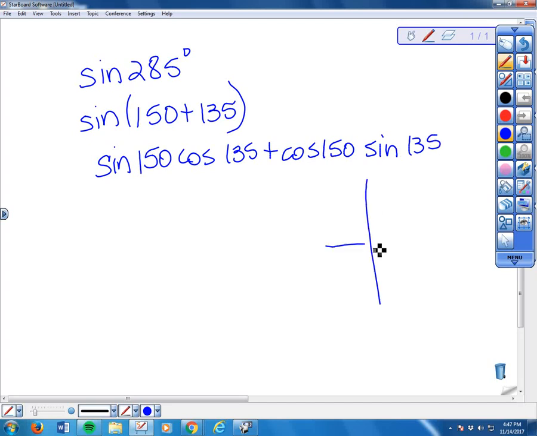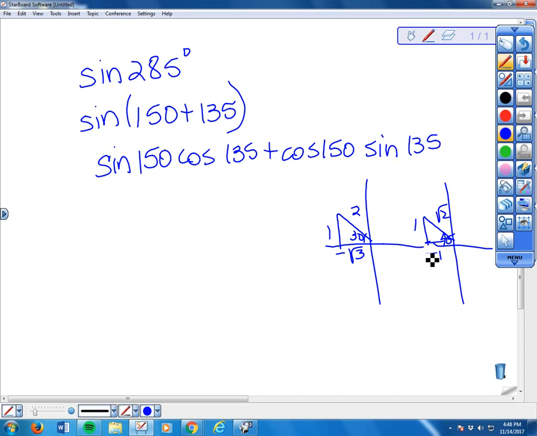So I'm just going to draw both my triangles here. Cosine 150 is in the second quadrant, and this angle is 30. So that would be labeled this way. Sine 135 is also in the second quadrant. This is the 45 degrees. So that's 1, 1, square root of 2.